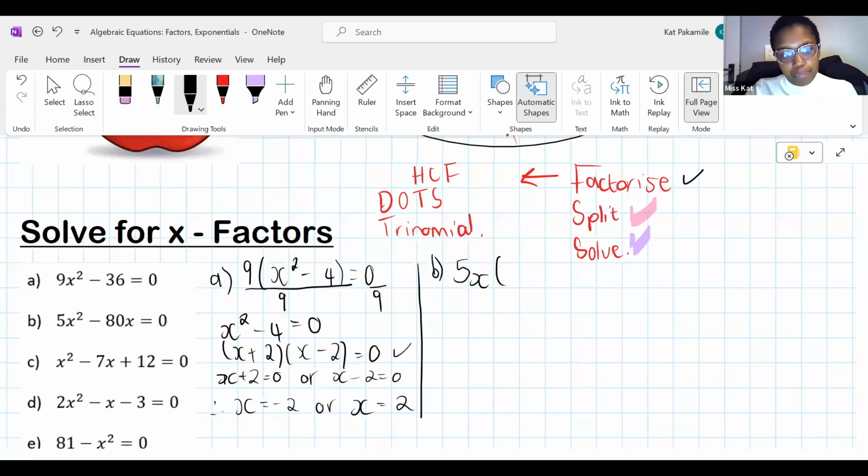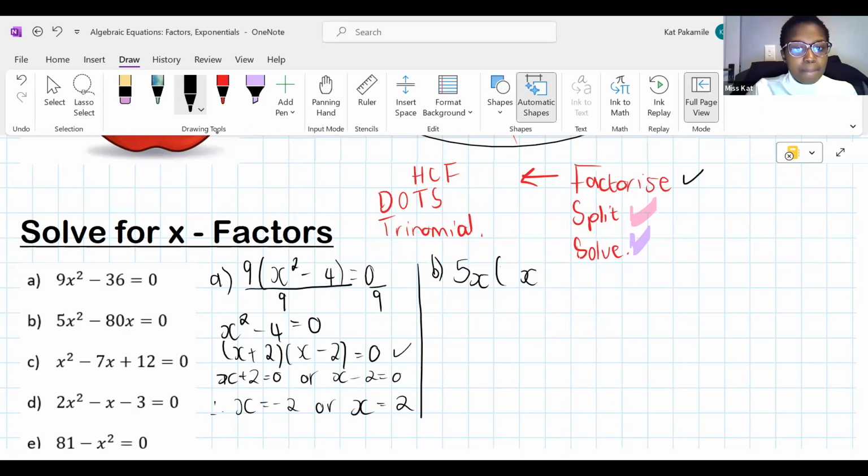Remember, if you're taking out a 5x from 5x squared, what are you going to be left with? I'll be left with x squared. Remember, you took out one of the x's?